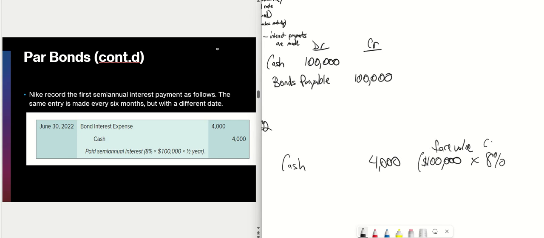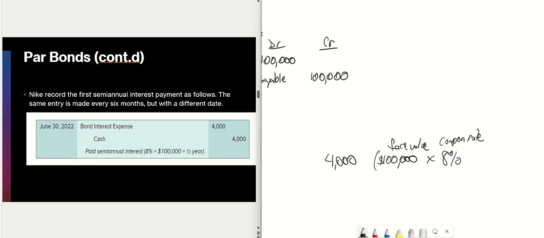That's your coupon rate or stated rate or contract rate. And you're going to multiply it by 6 out of 12, or 1/2 year. And that's going to give you $4,000.